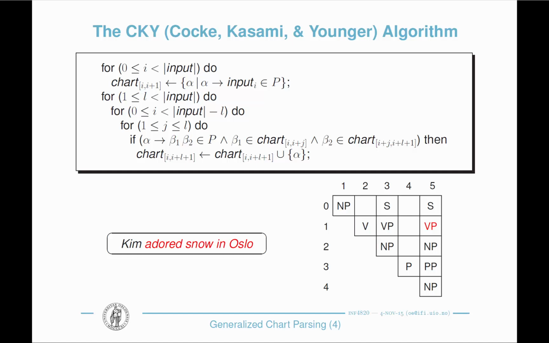And then I will be the start of the range that we're considering, and so I to I plus L plus 1 is the substring that we're currently trying to analyze, and J is what is often called the breaking point. It's where 2 cells become adjacent, as we had seen here.